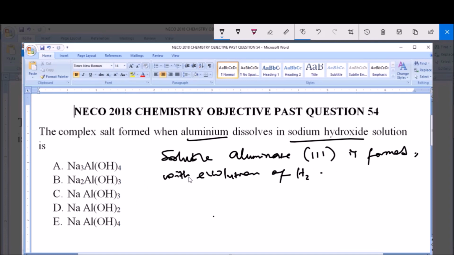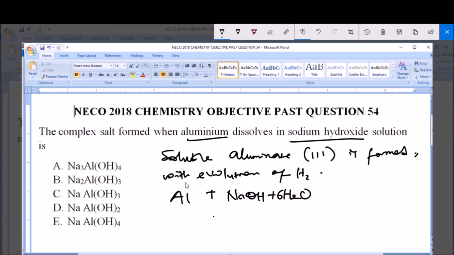Now we're given that aluminium reacts with sodium hydroxide, plus H2O. This water will enable this reaction to take place.